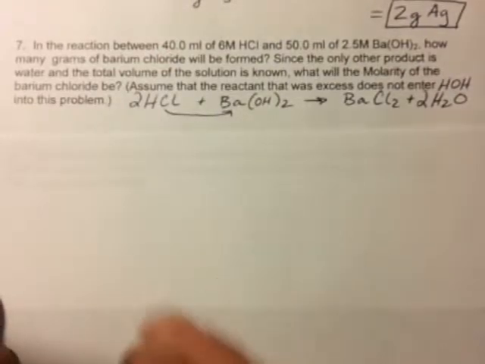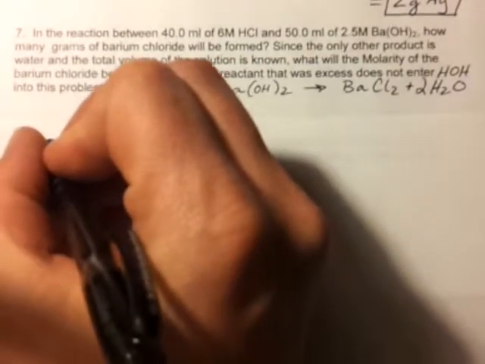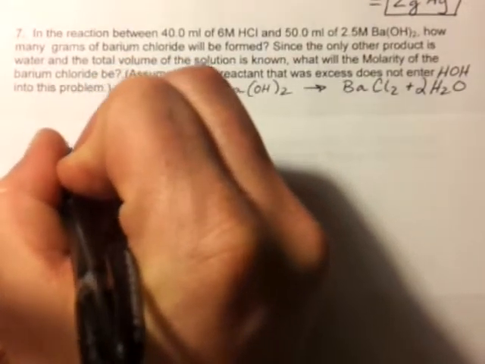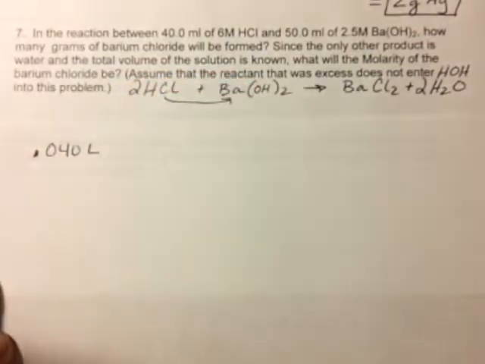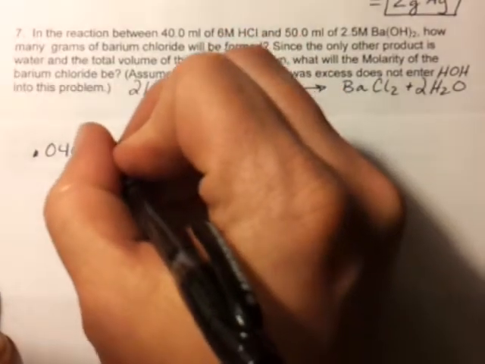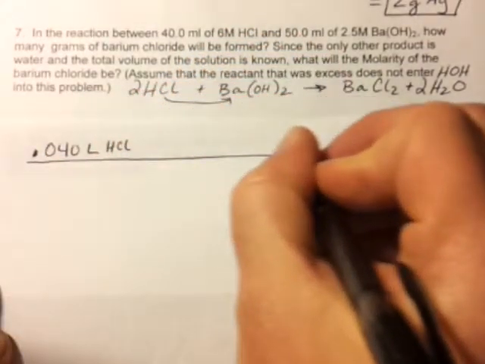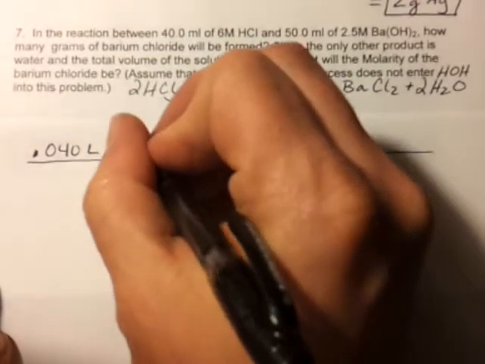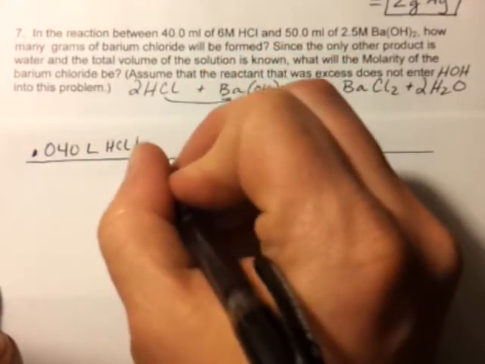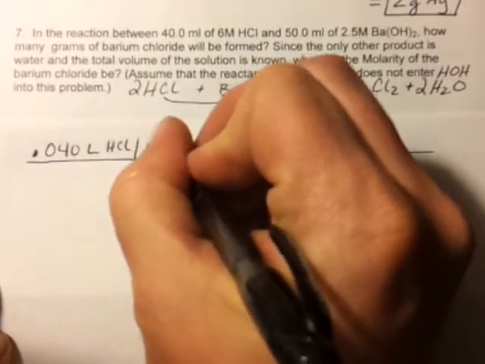Okay, so I've got 0.040 liters of HCl. Set up my problem here. And I know for the HCl, every 1 liter of HCl that I have, I've got 6 moles of HCl.